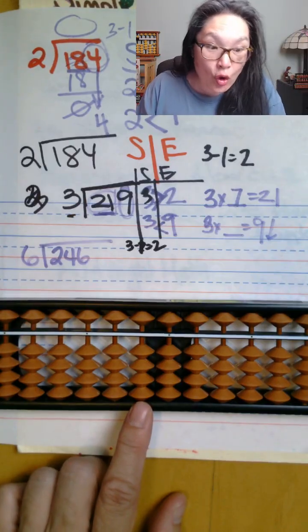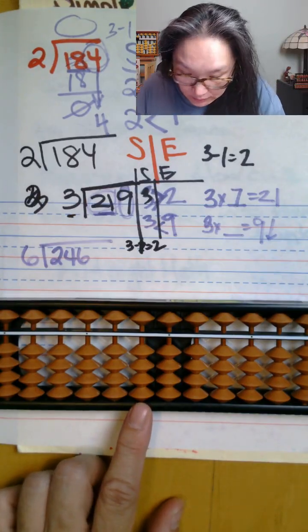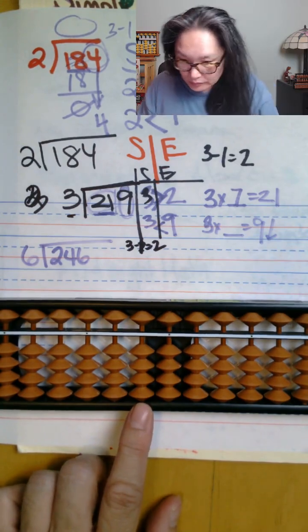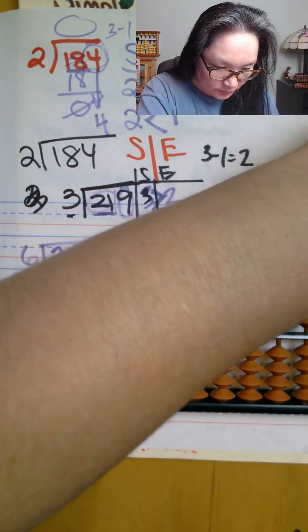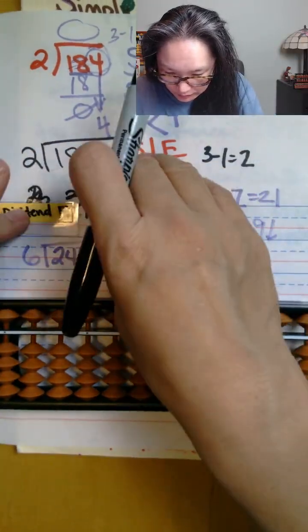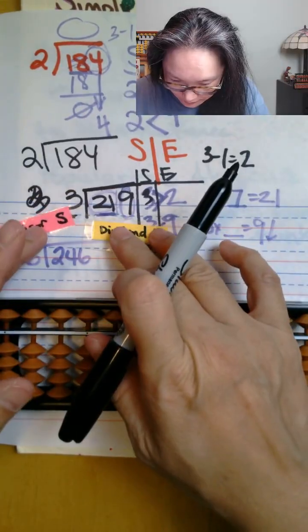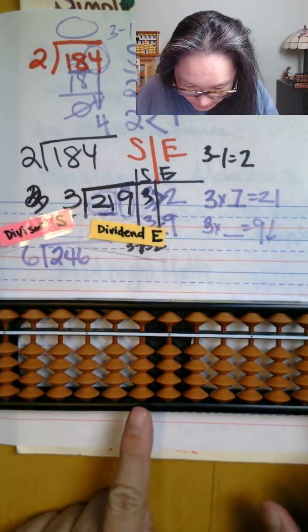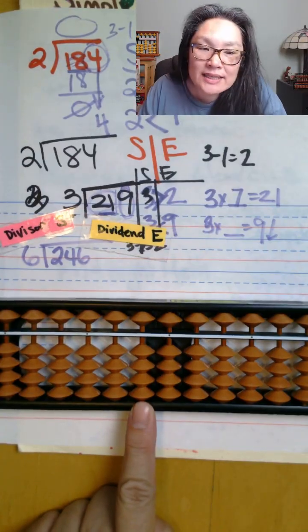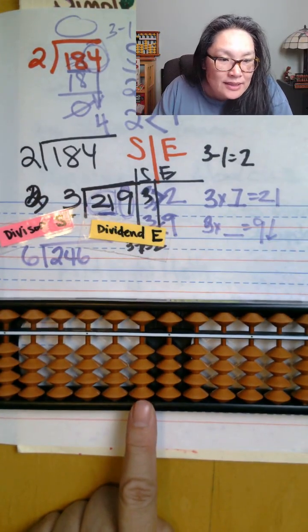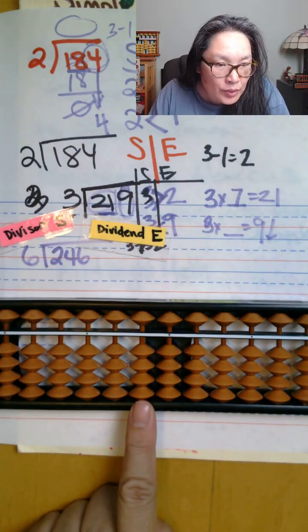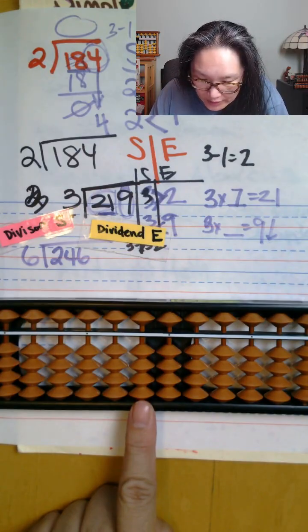So what do I do? All right, tens column. What's the next step? The next step is put 240. Yes, you're right.